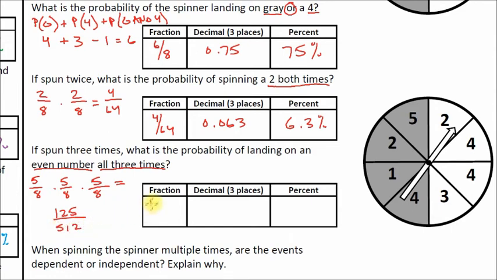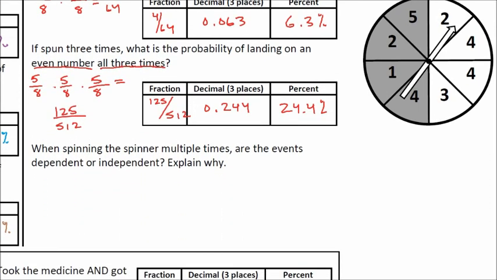So our fraction is 125 out of 512. That's going to be 0.244 or 24.4%.